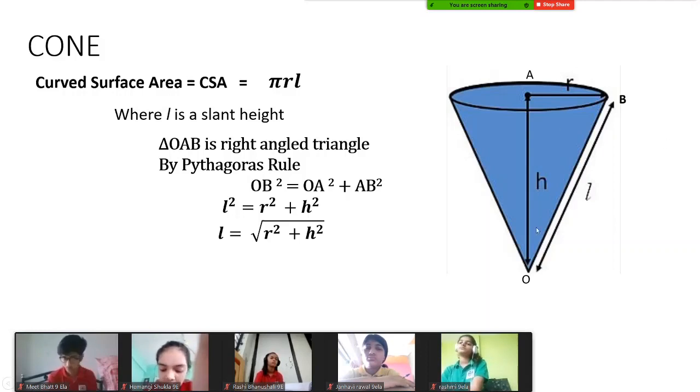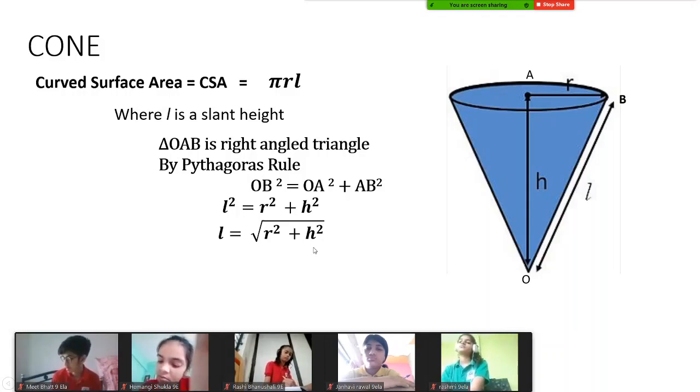At A we have 90 degrees, so we can apply Pythagoras rule: OB square is equal to OA square plus AB square. OB is nothing but L. So L square is equal to R square plus H square, and therefore L becomes under root R square plus H square.